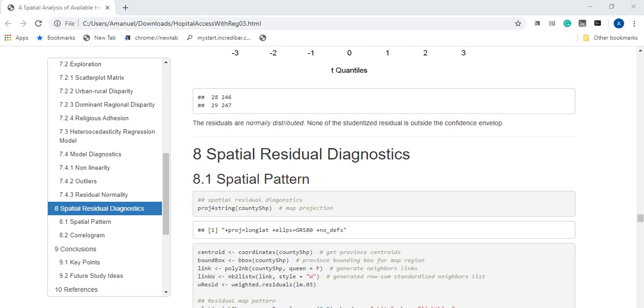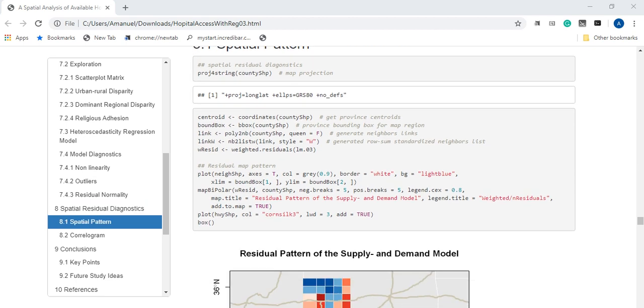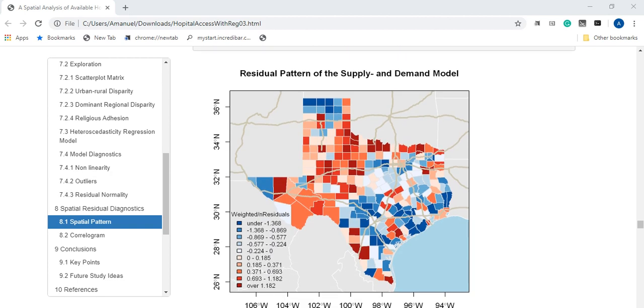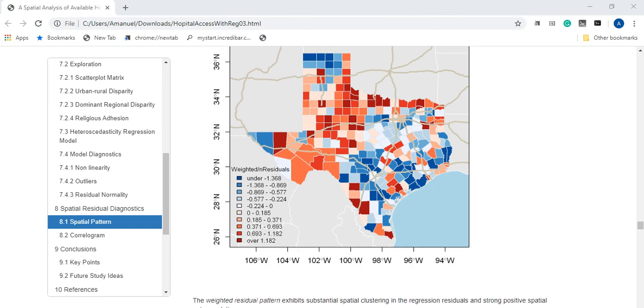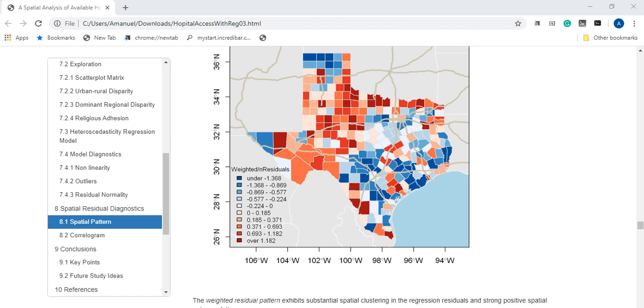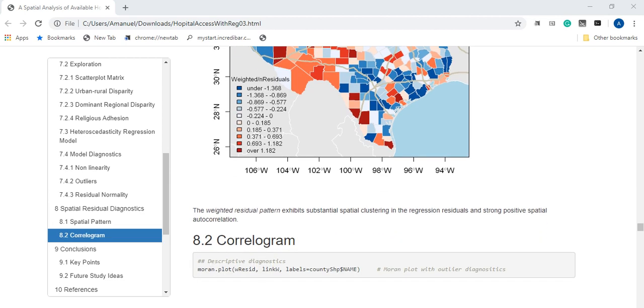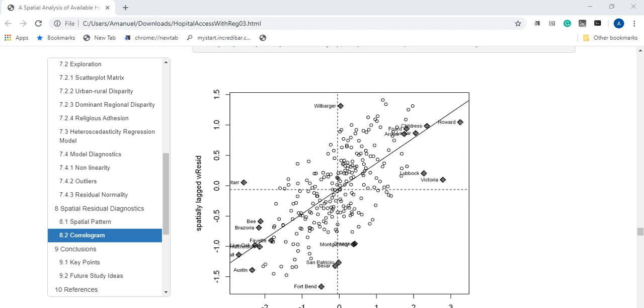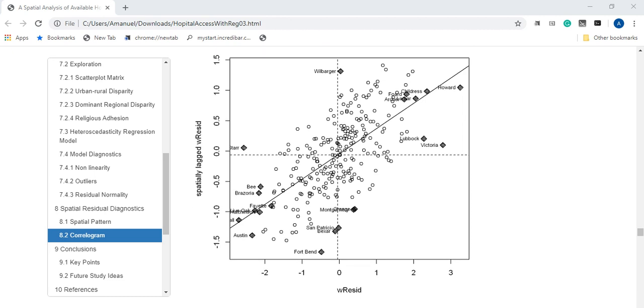In the spatial residual diagnostic, the spatial pattern, this map shows the residual pattern of the supply and demand model. As we can see, this map is highly clustered, which shows there is high spatial autocorrelation, and the weighted residual patterns exhibit substantial spatial clustering in the regression residuals. The correlogram shows there are these outliers and a positive autocorrelation.